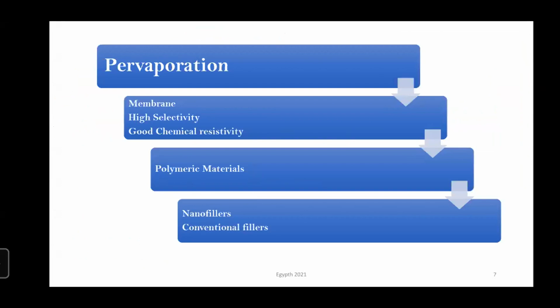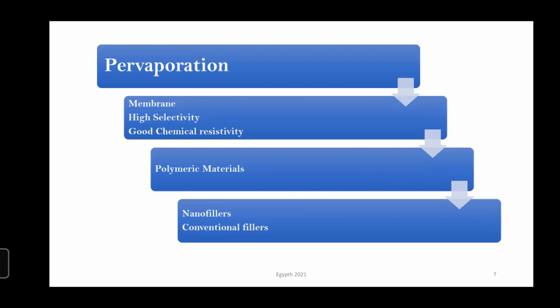In pervaporation, the selectivity of a membrane is very important, and good chemical resistivity is needed. Usually we use polymeric materials to manufacture a good pervaporation membrane, and the properties of the polymer are improved by adding nanofillers or conventional fillers.